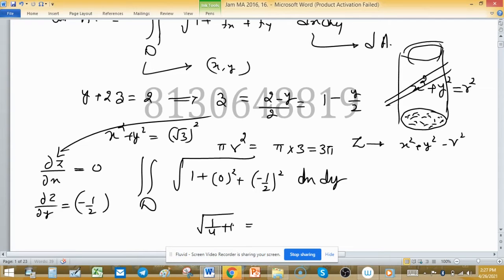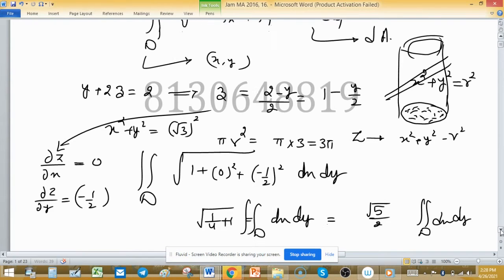Because this is free from xy, you can take it outside from the integral. So this is root 5 upon 2, and this is dx dy.